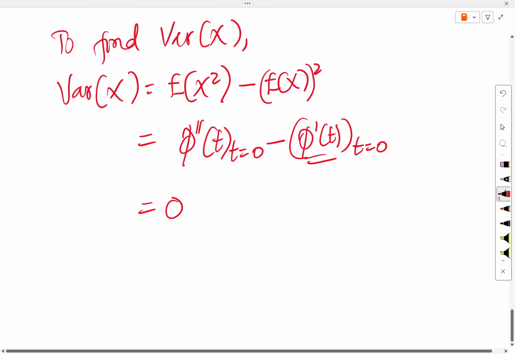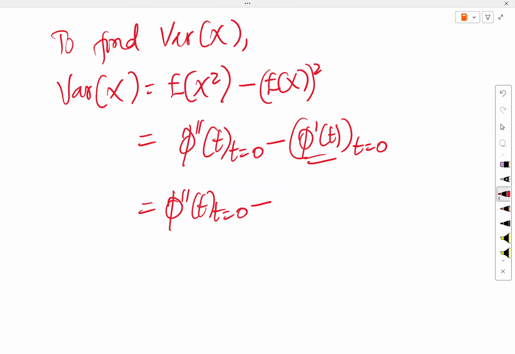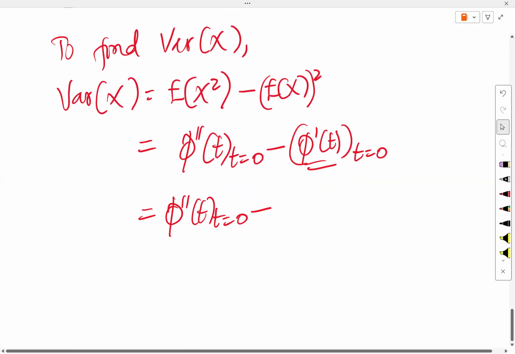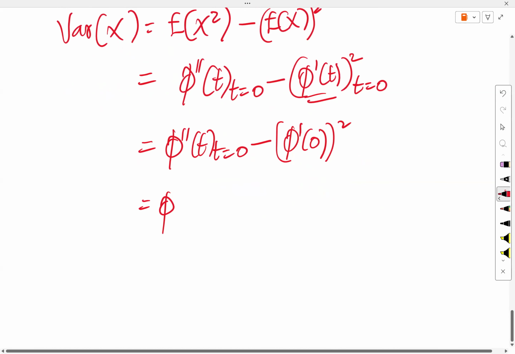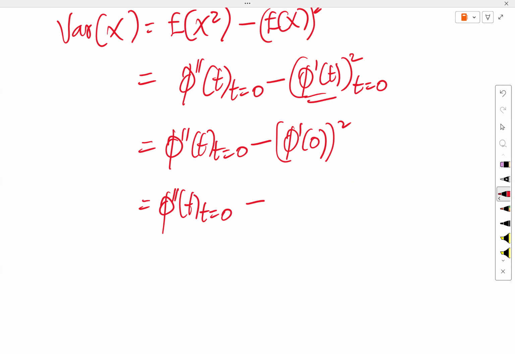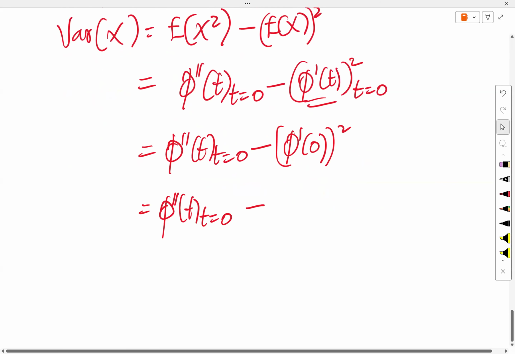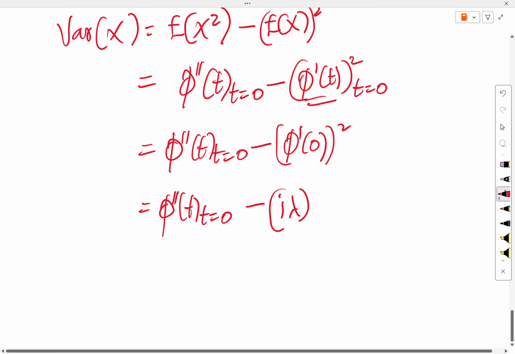So you can say this is phi prime prime of t evaluated at t minus, and this we already have to be i lambda, or we can say this is phi prime of 0 squared, don't forget squared. So now we have phi prime prime of t evaluated at t equals 0 minus phi prime of 0, which is i lambda, so that's i lambda squared.